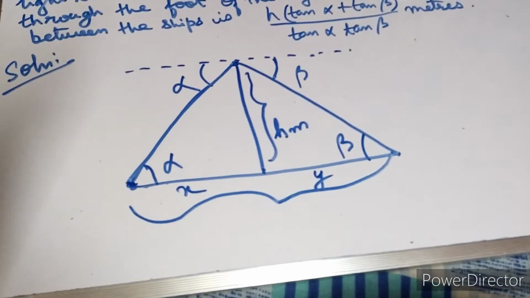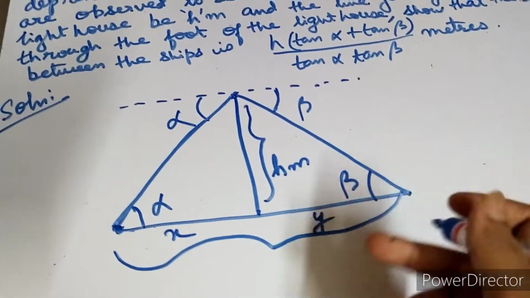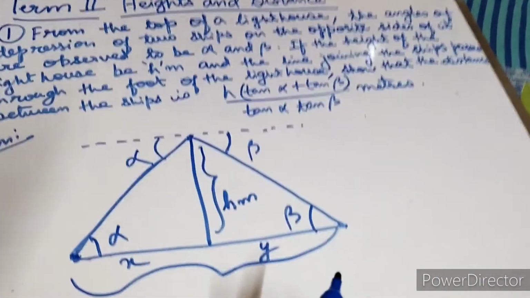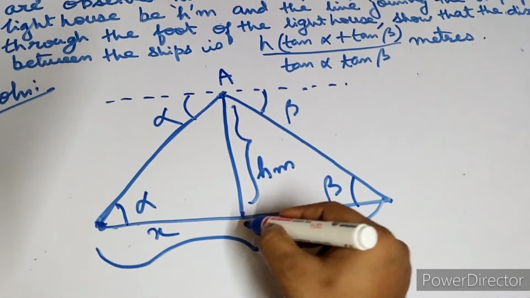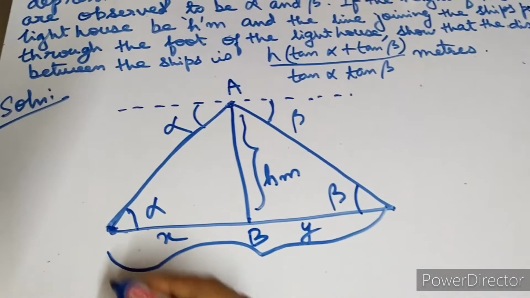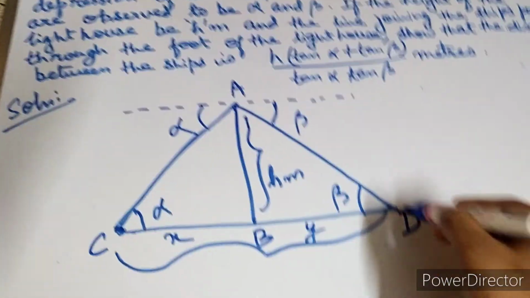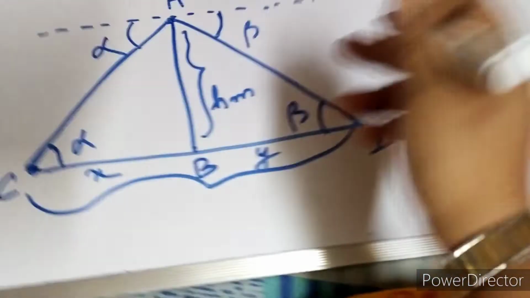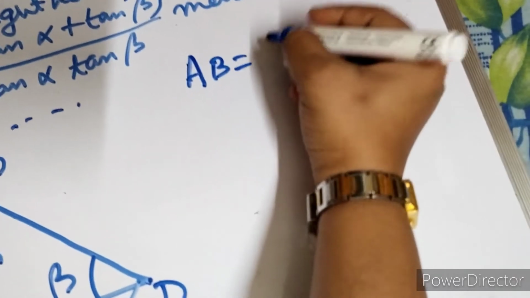Okay, so let us now name the triangle. Because after all we have to solve this heights and distance problem with the help of trigonometry. So let us name this tower as AB and this as CD. First ship as C and second ship at position D. Let us write here, AB equals h meter, it is given in the question.